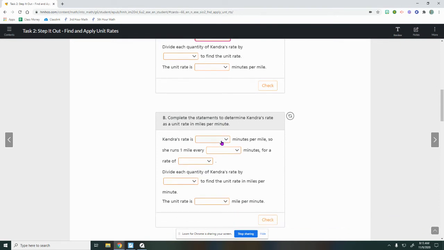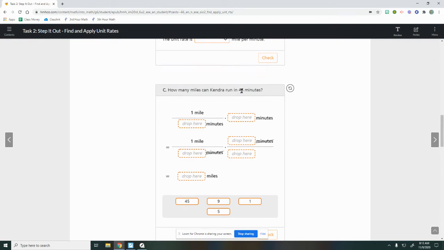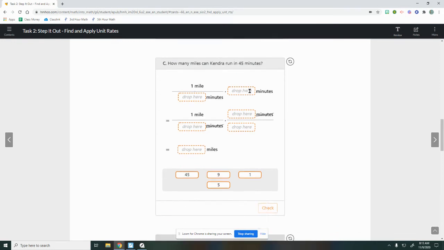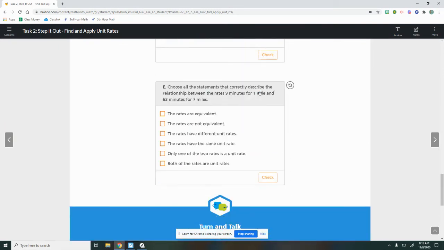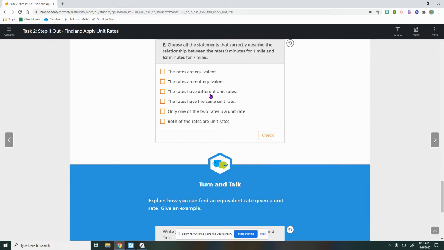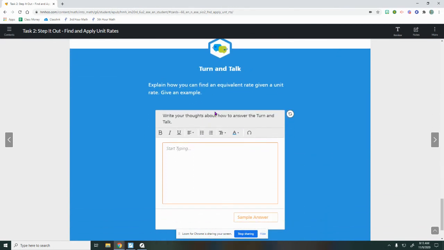So you're going to tell me, what would you do to figure out that 1 mile? How long can she run? How many miles in 45 minutes, which we practiced? How many minutes to do 7 miles, which we practiced? And then tell me which of these statements are correct. And then tell me how you would find an equivalent rate.